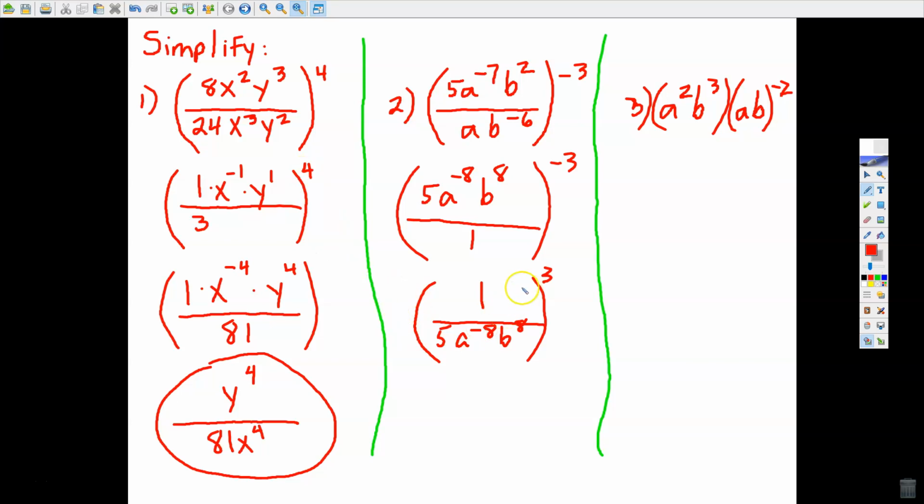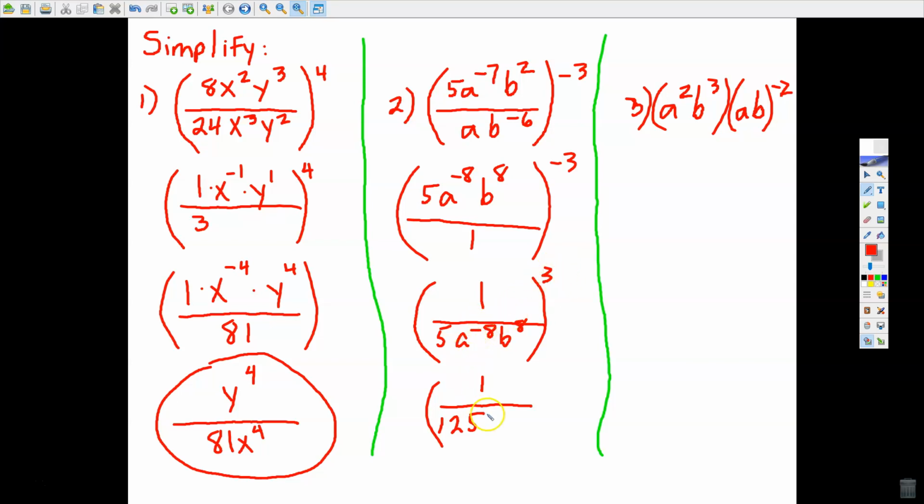Okay, now I'm going to do much like I did over here. Everything inside the parentheses is going to be raised to the 3rd power. 1 to the 3rd is still 1. 5 to the 3rd. 5 times 5 times 5 is 125. When I raise a to the negative 8 to the 3rd, remember when a power is raised to a power, that's when you multiply exponents.